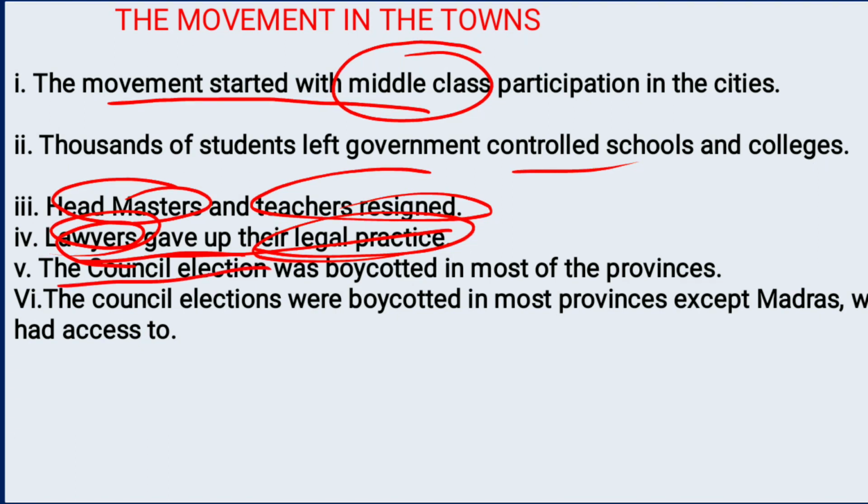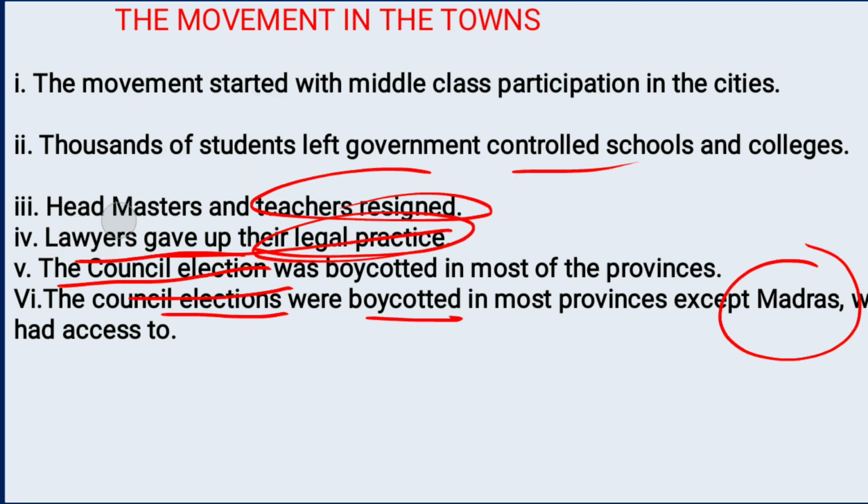Fourth, the council elections were boycotted. The council elections were boycotted in every state and city in India except Madras, where the non-cooperation movement had no effect. So this was the towns' response to the non-cooperation movement.